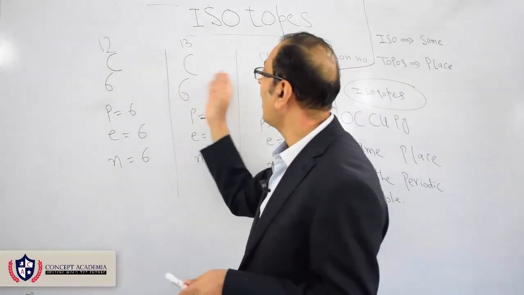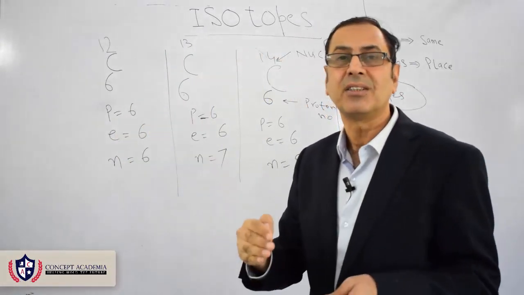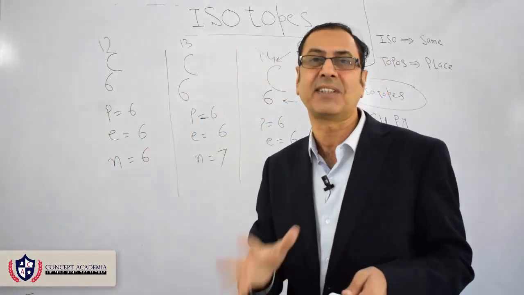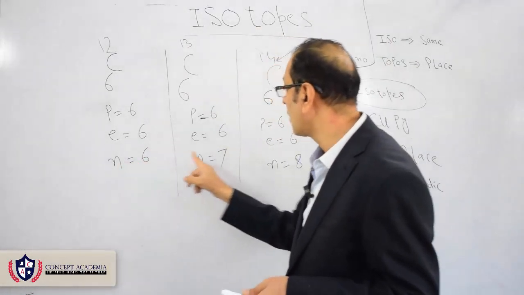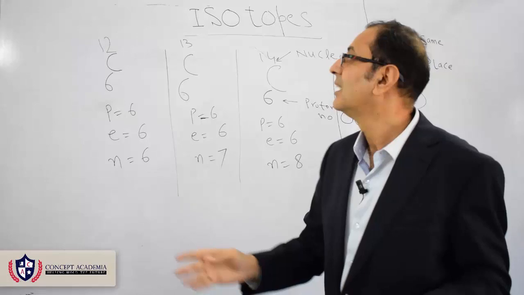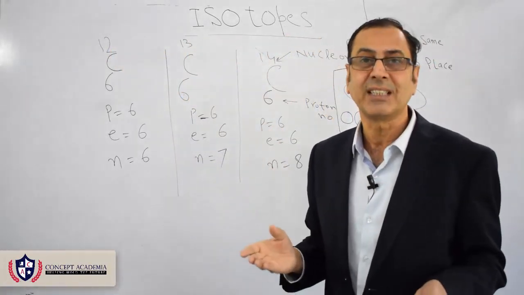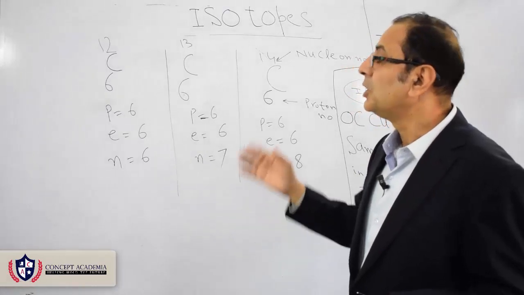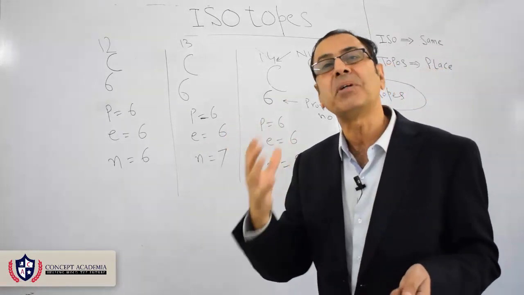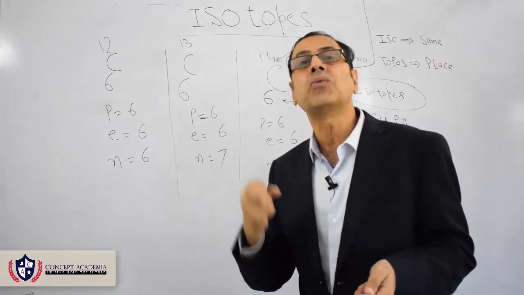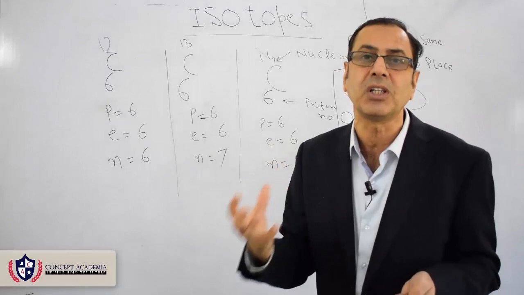Similarly, these are atoms of the same element with some different characteristics, like the neutrons are different, the nucleon numbers are different. When the nucleon number changes, the physical properties will change. The physical properties depend upon the nucleon number.